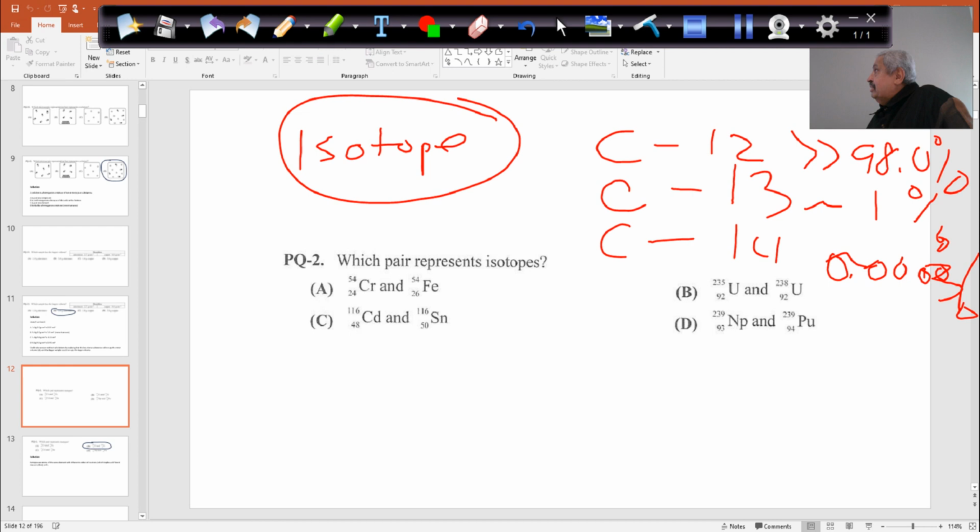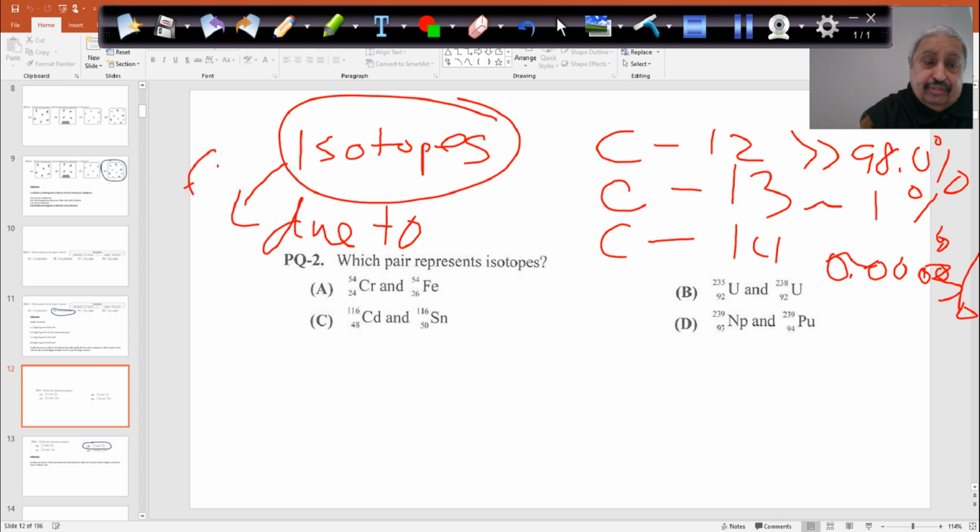Or we call it just AMU, atomic mass unit. This is the number of protons plus the number of neutrons. The number of protons does not change, but the number of neutrons does. So those isotopes are found in nature due to different numbers of neutrons.